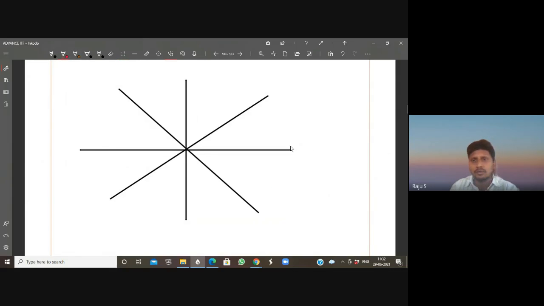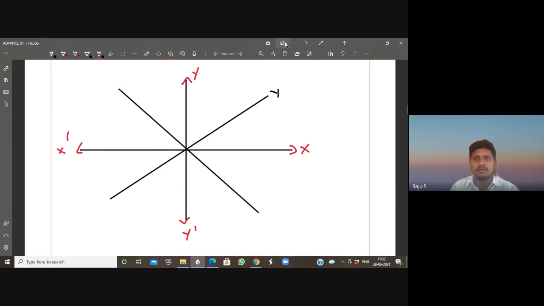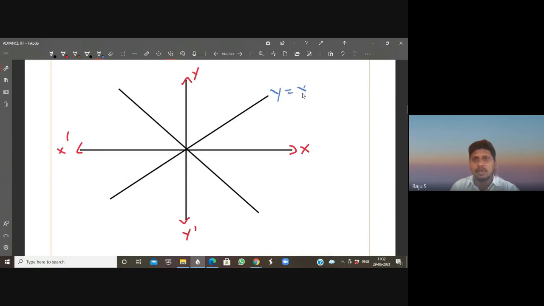So this is the x-axis, this is the y-axis, x dash, y dash. Right now, this is the line y is equal to x, and this is y is equal to minus x. You studied that the line y is equal to x makes an angle of 45 degrees.